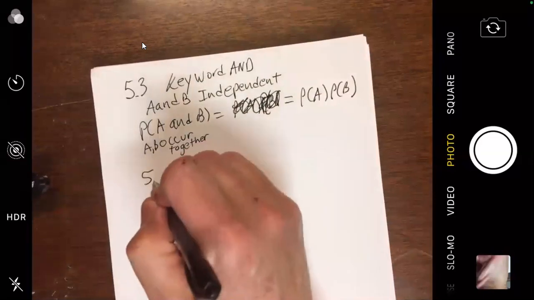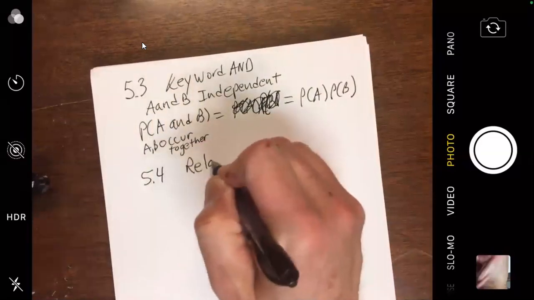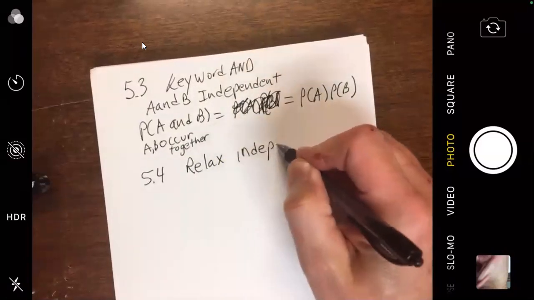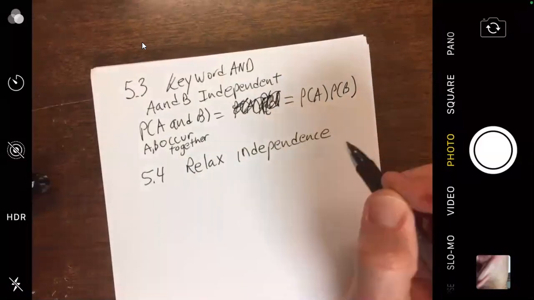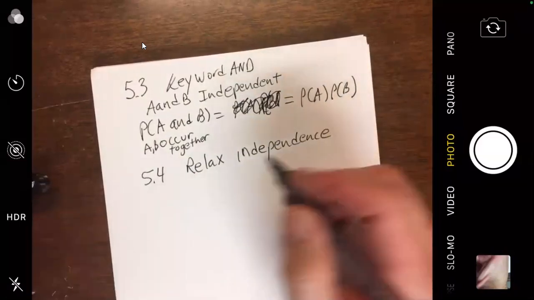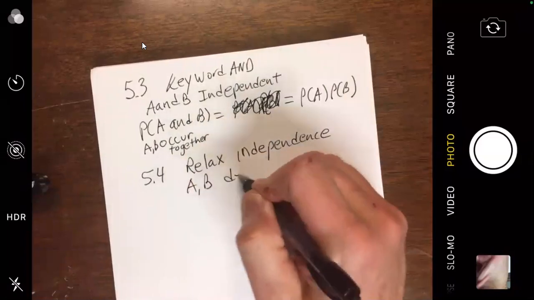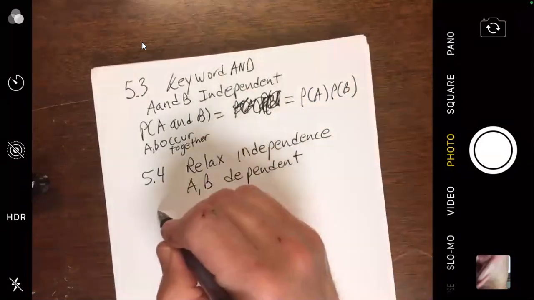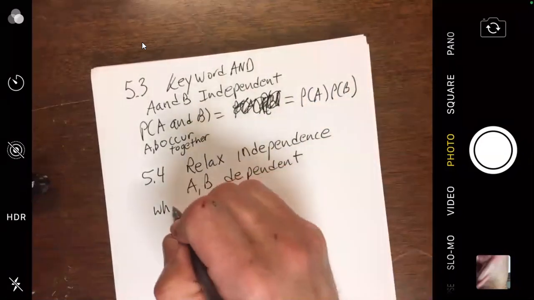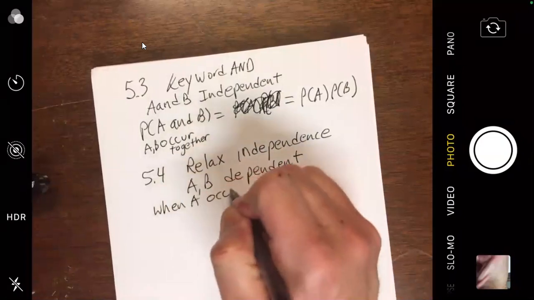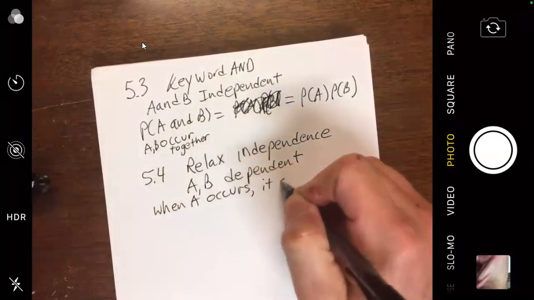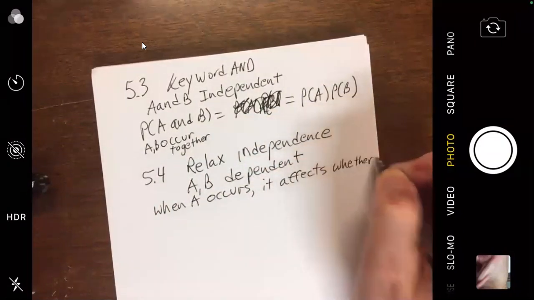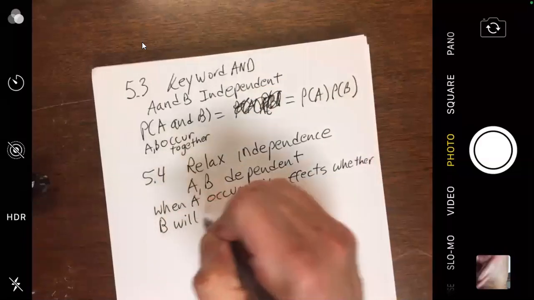So what we do in 5.4 is we relax independence. So A and B are not independent, which means A and B are dependent. Which means when A occurs, it affects whether B will occur.